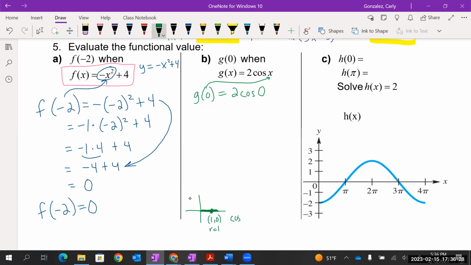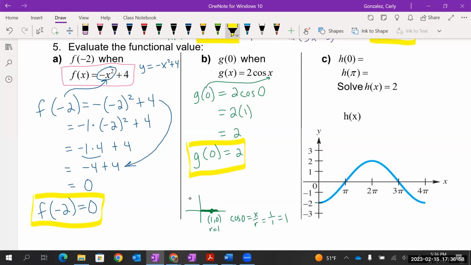So cosine of 0 is x over r, or 1 over 1, which gives me 1. So now I can substitute my cosine of 0 with 1, and I will multiply 2 times 1 is 2. So I just found g of 0 equals 2. And that's my final answer.